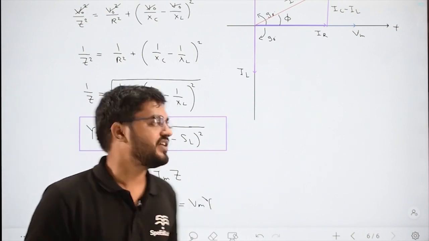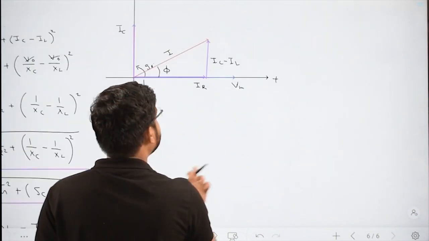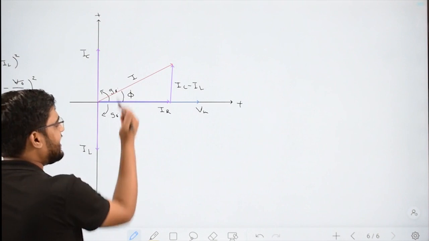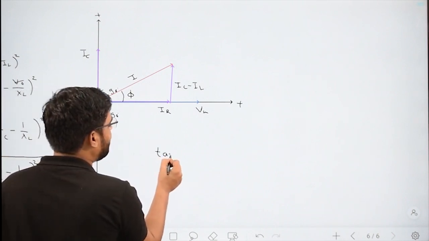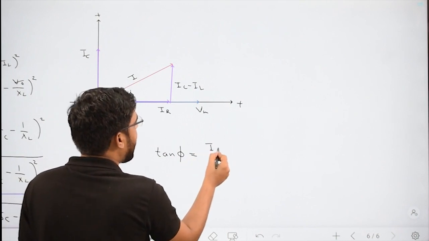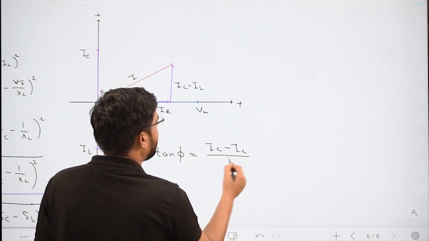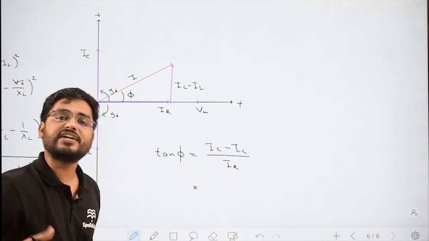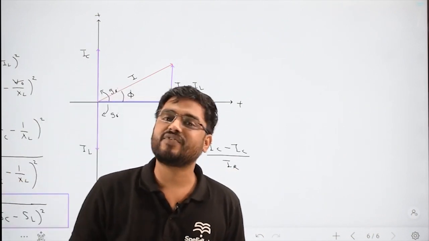What about the phase difference? For phase difference, again, let's come back to this diagram. So I'll be saying that current is leading by an angle phi. And how do I tell phi? For that I'm saying tan phi is opposite by adjacent. So this is IC minus IL by IR. And that is what, again, we need to write in terms of V, because V is the one which is common.